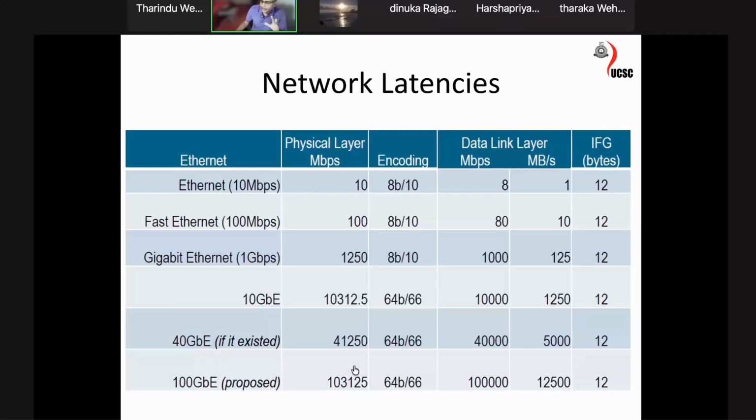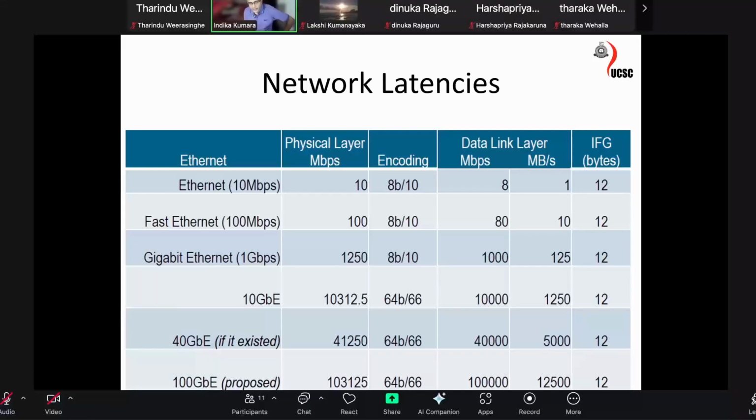So you can see an idea of the deep dive in terms of selecting a particular bandwidth, and the effective bandwidth when comparing the physical layer and the data link layer. This is tiny information you may need when you are planning the network and measuring the bandwidth. Okay, this is one reason.